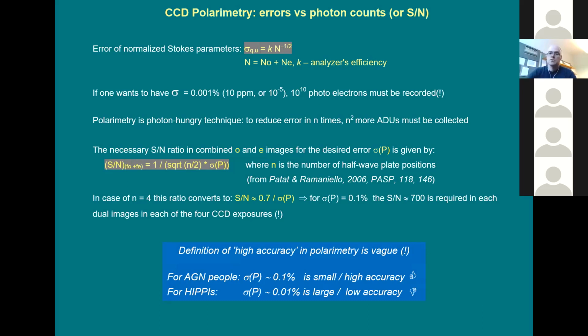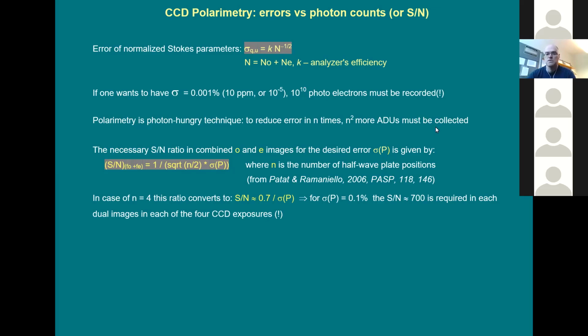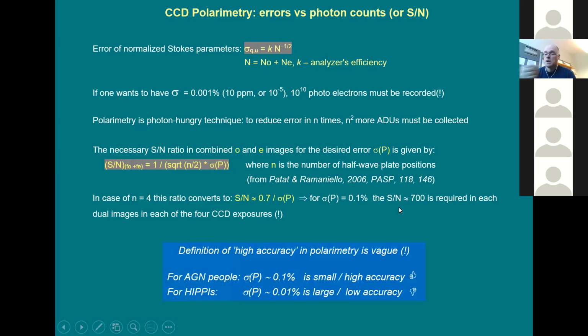But the researchers working with the HIPPI polarimeter will certainly not agree with this definition, because for them, if sigma is 0.01%, the accuracy is low. So in my presentation, I will assume a definition adopted by the HIPPI people. When I say high precision, I mean accuracy at the level of 10 to minus 5 or better, which requires, as I already mentioned, 10 to 10 photoelectrons collected per polarization measurement cycle.